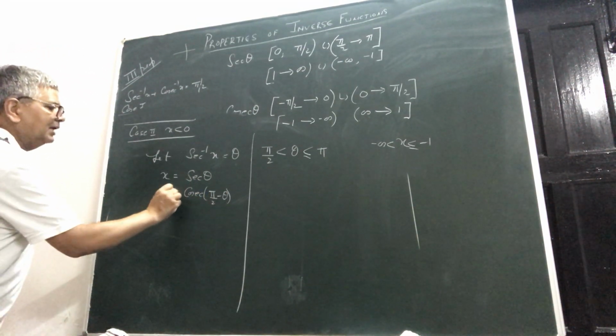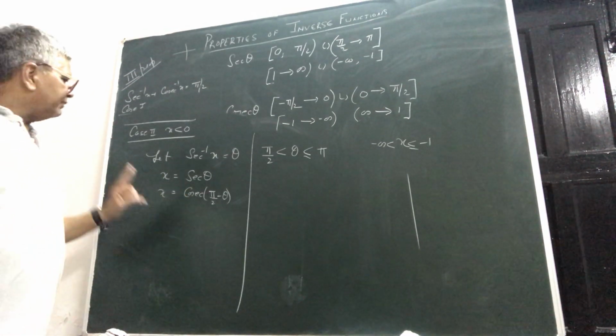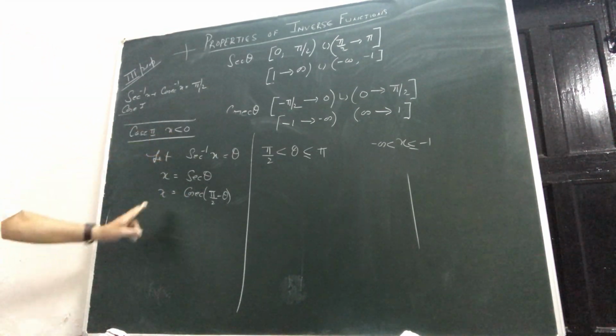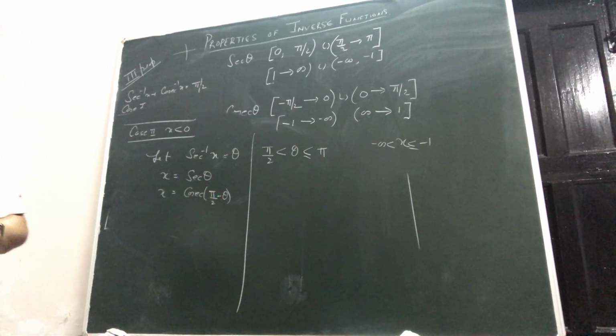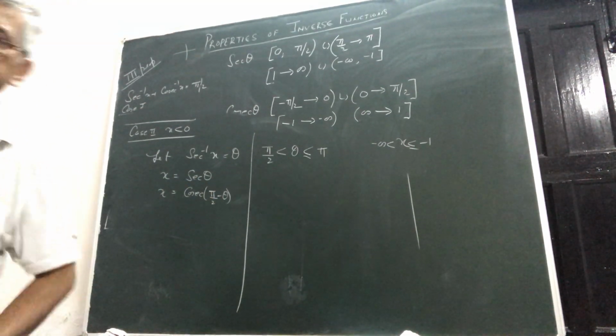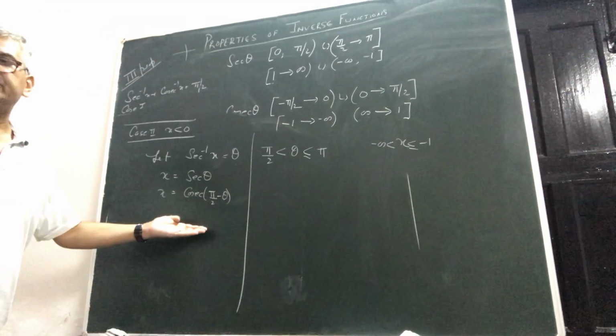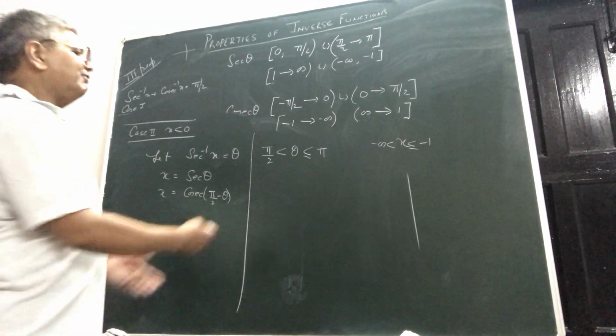So let us see, when x is negative, whether pi by 2 minus theta will lie in the principal branch of cosec or not. That is the main issue, and that we will find.